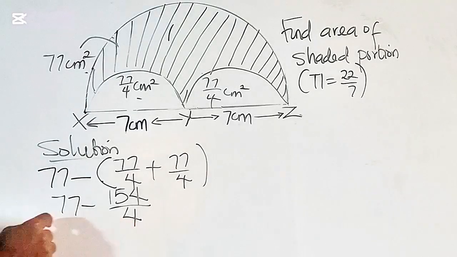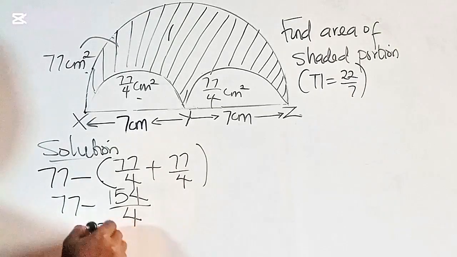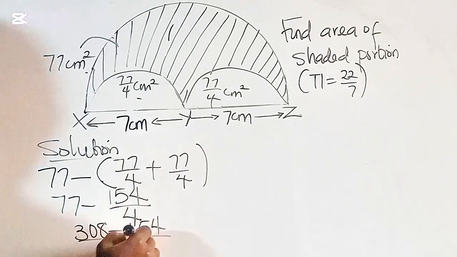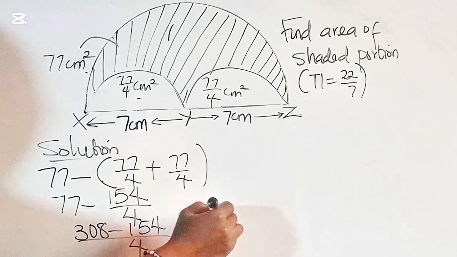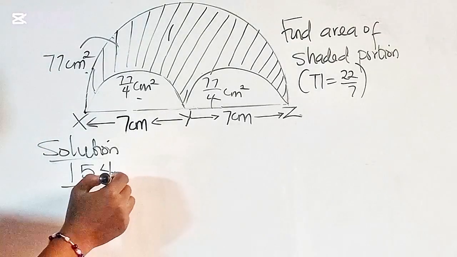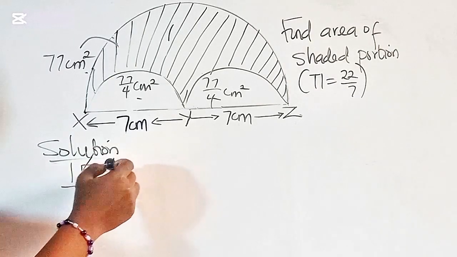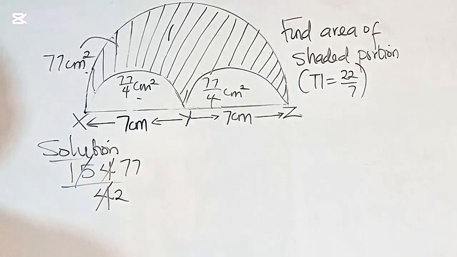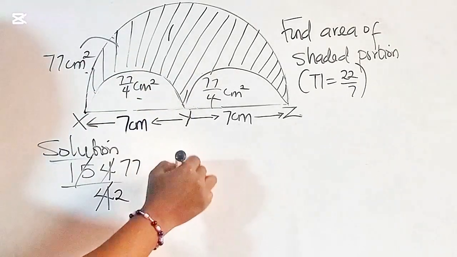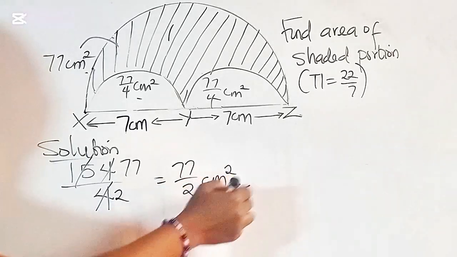So 77 times 4 will give us 308 minus 154, all divided by 4. 154 divided by 4. So to its lowest term, we use 2 to simplify. 2 we go into 4 2 times, into 154, it will go 77 times. So therefore, the area of the shaded portion is equal to 77 over 2 centimeter square, and this is our answer.